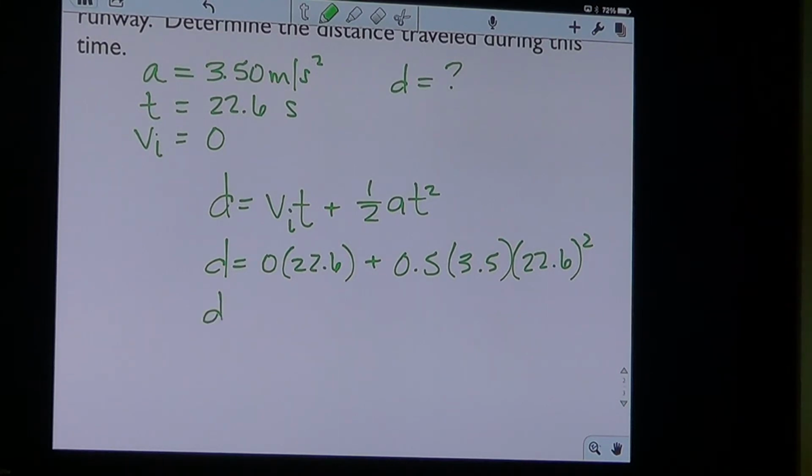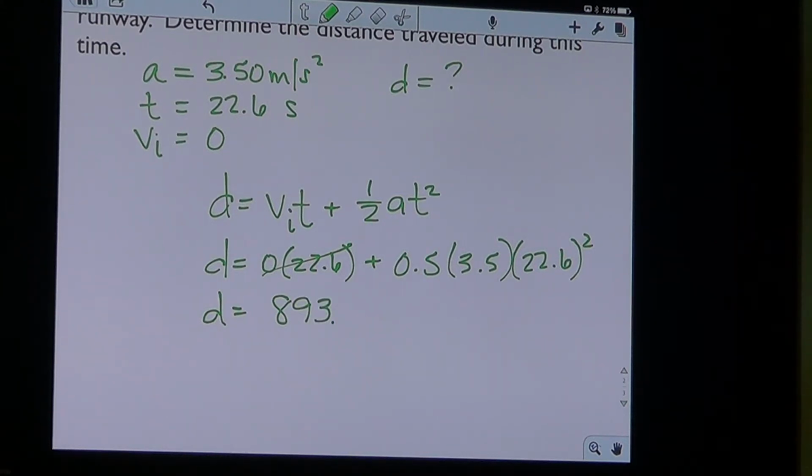So 0 times anything will be 0, so that will drop out. And what do we get? I got 893.83. Sounds okay. So did I. Is the distance in meters?